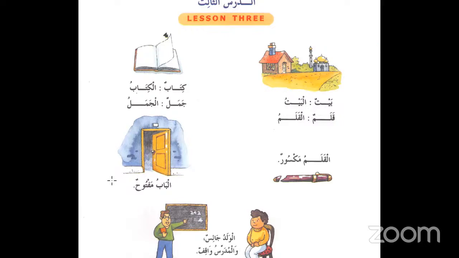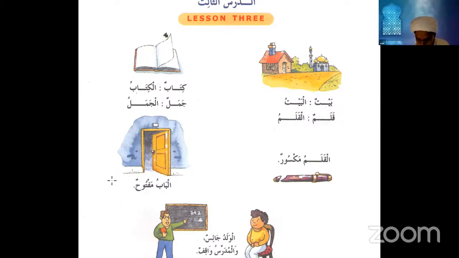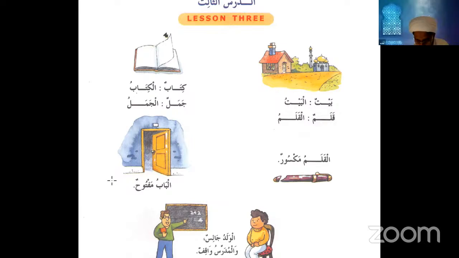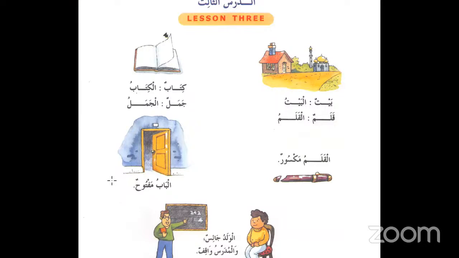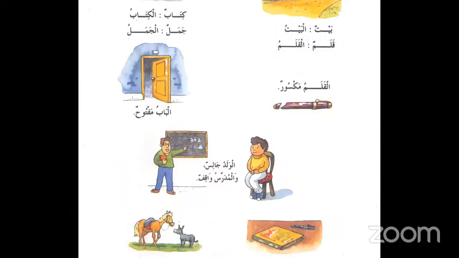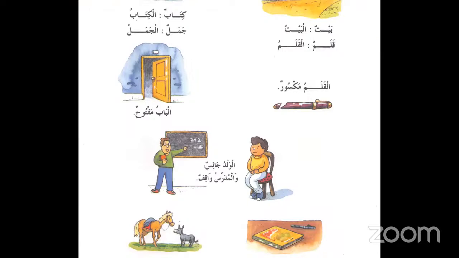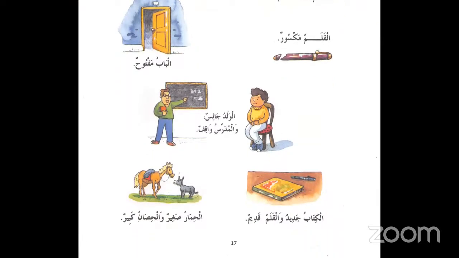Correct. Al-qalamu maksurun. The pen is broken. Correct. Al-babu maftuhun. The door is open. Correct. Al-waladu jalisun. The boy is sitting. Correct. Wal-mudarrisu waqifun. The teacher is standing.